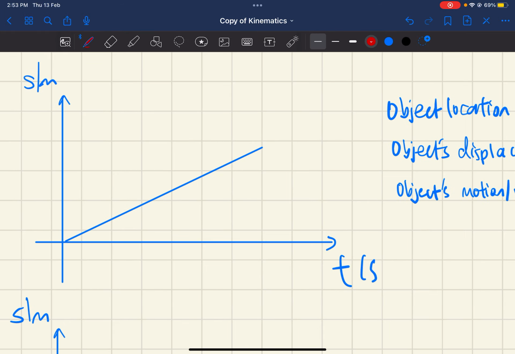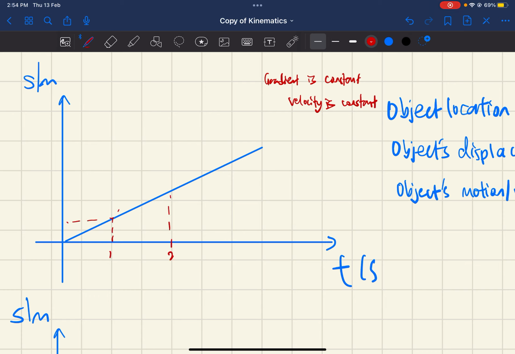Next graph over here. As you can see, your line is sloping upwards. If it's a straight line, your gradient will be constant. So gradient is constant, which means that the velocity is constant. As for the displacement, it is increasing after every second.